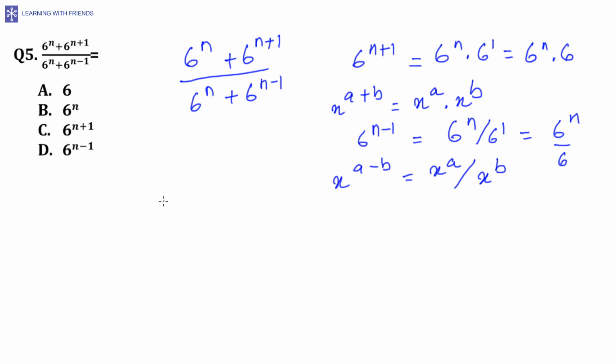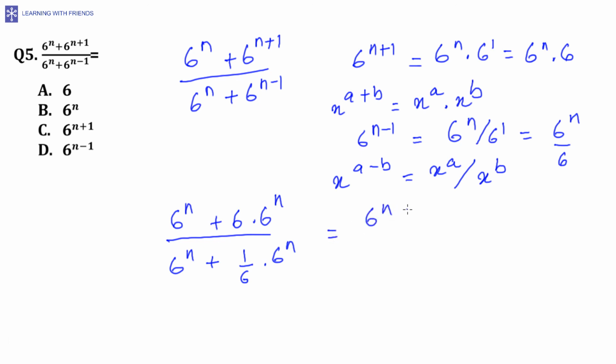So basically we need to put these values here and see what happens. So our fraction becomes 6 to the power n plus 6 multiplied by 6 to the power n divided by 6 to the power n plus 1 by 6 multiplied by 6 to the power n. Now if you notice, you can take 6 to the power n common here. So this becomes 1 plus 6.